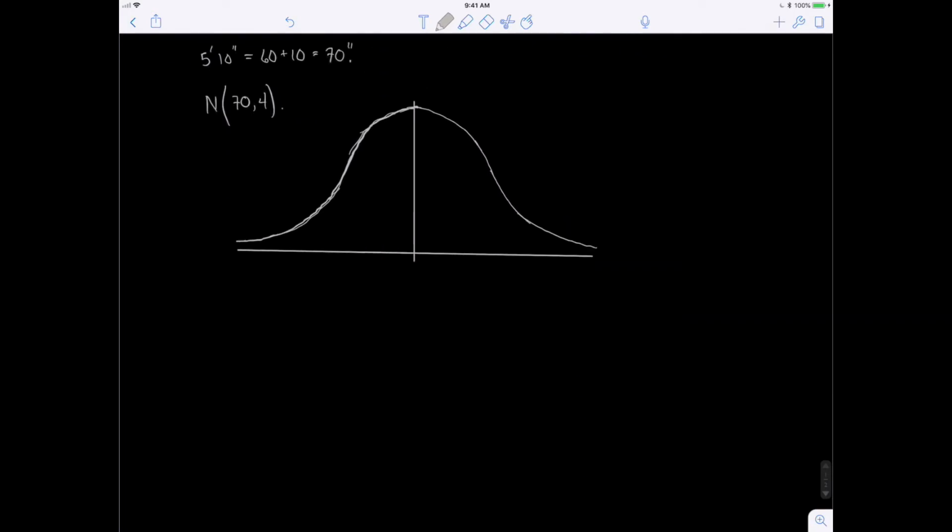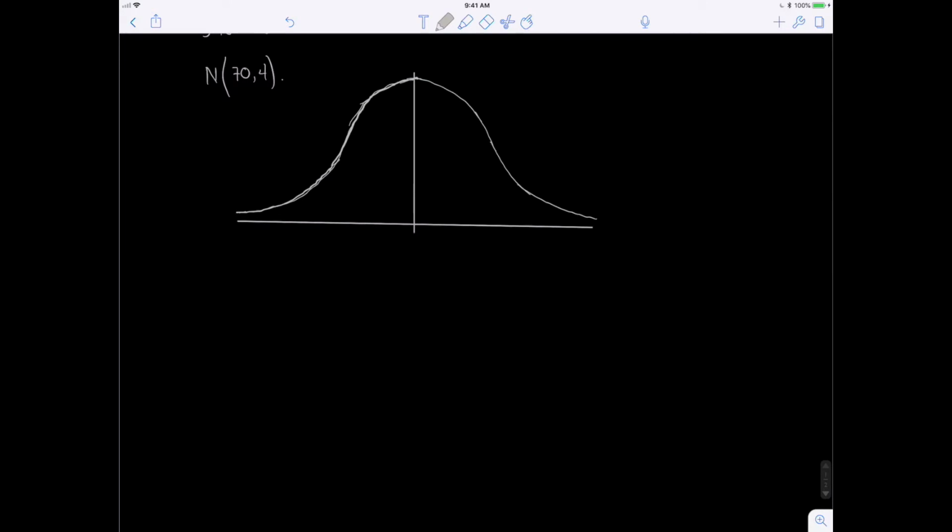Remember, this is no different than the standard normal distribution. The mean goes right in the middle. In the standard normal distribution, we would have gone 1, 2, 3 standard deviations to the right and 1, 2, 3 to the left. The picture is exactly the same, but now instead of a standard deviation being 1 unit, it's 4 units.